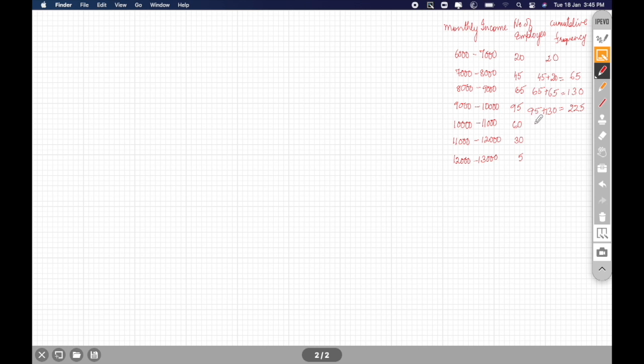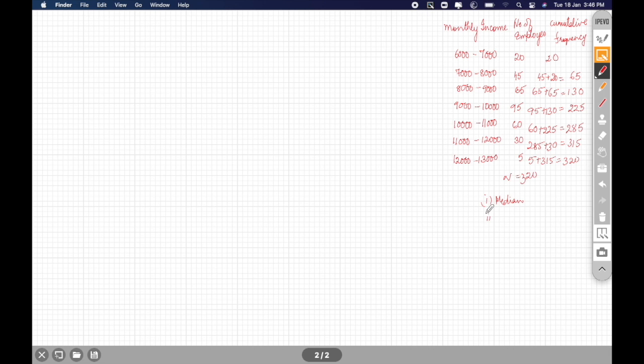Then 60 plus 225 gives us 285. 285 plus 30 gives us 315, and 5 plus 315 gives us 320. So n is 320. We are supposed to find the median.